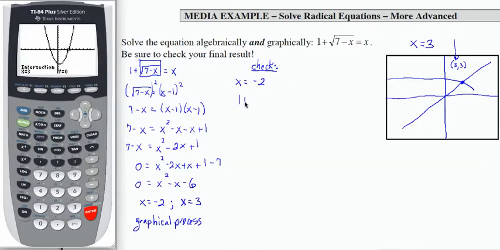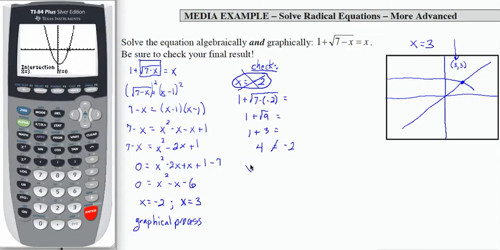So I would say 1 plus the square root of 7 minus -2, and that equals 1 plus the square root of 9, 1 plus 3, and that equals 4. And x is -2, those are not equal. So -2 is not a solution, it's called an extraneous solution.